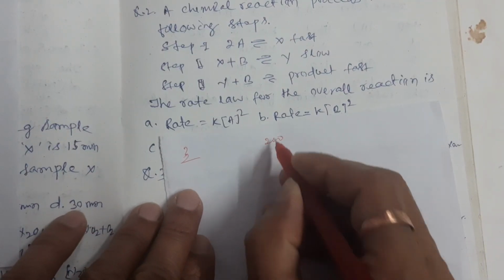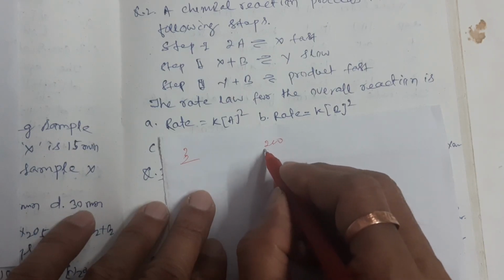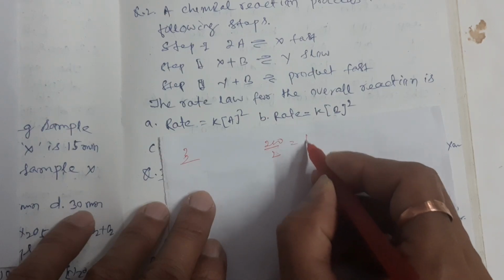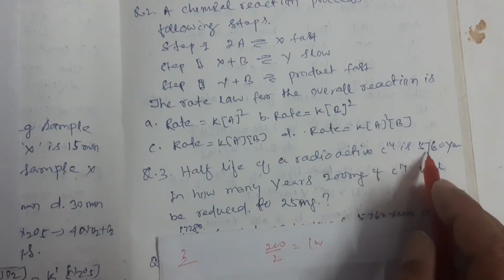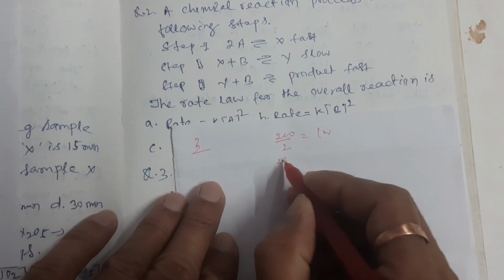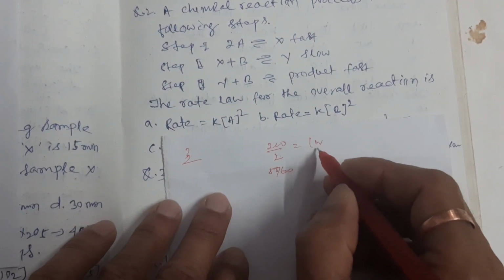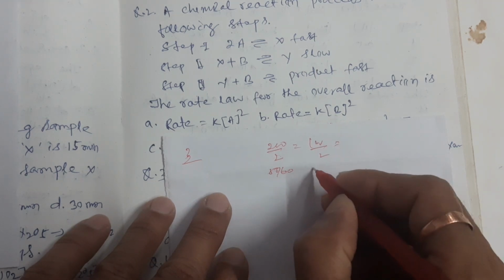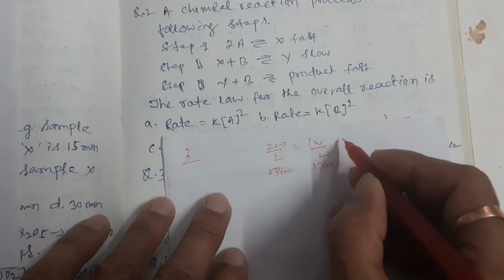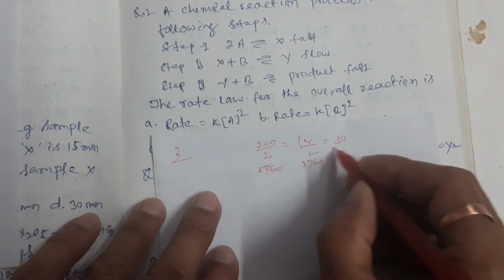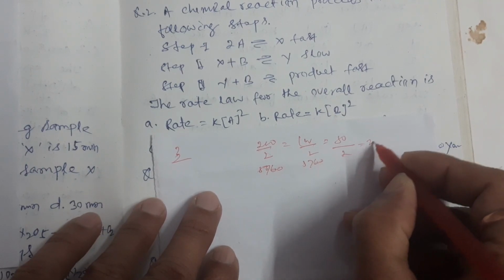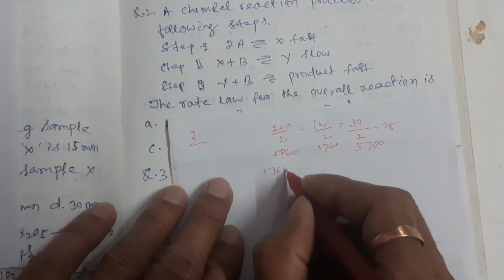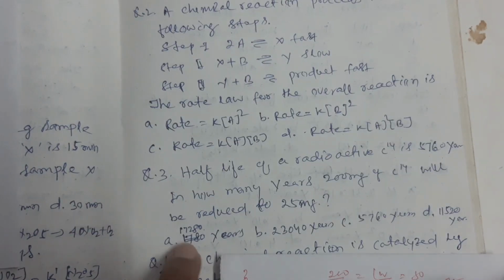Here, taking 200 milligram, its half-life means it becomes half, 100, in 5760 years. Then again half, 50, in another 5760 years. Then again it reduces to 25 in 5760 years. So 5760 multiplied by 3, this much you will get.